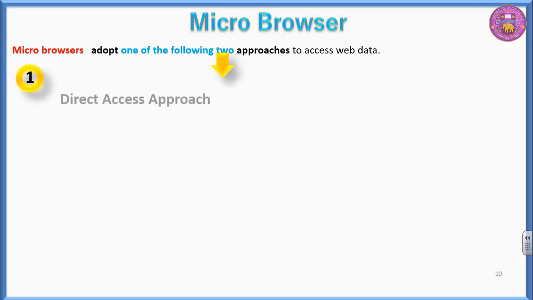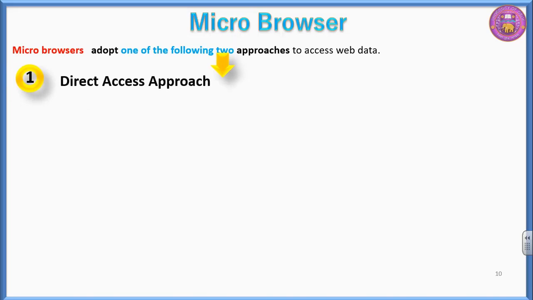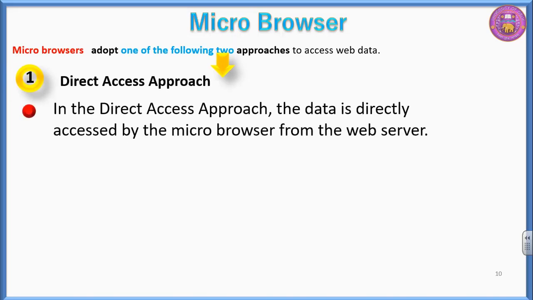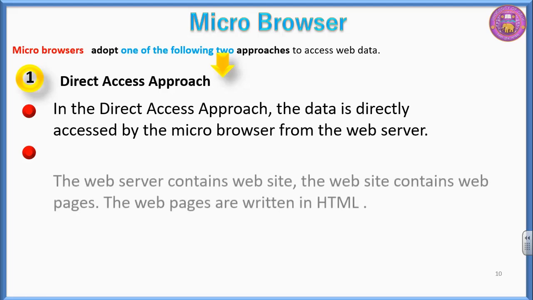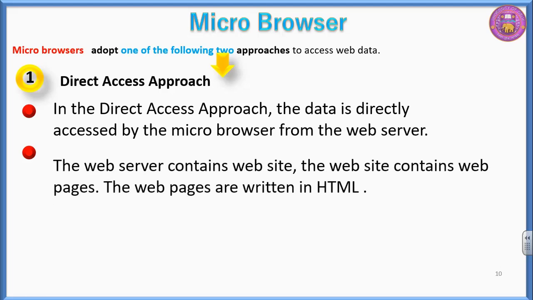Now look at this particular thing, direct access approach. In the direct access approach, the data is directly accessed by micro browser from the web server. The web server contains website. The website contains web pages. The web pages are written in HTML.